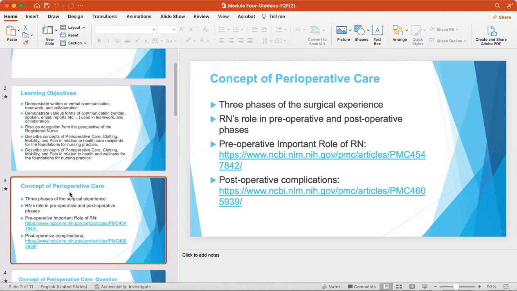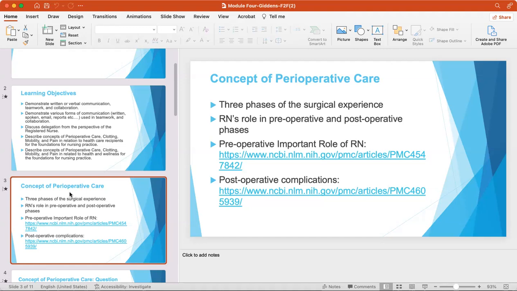Any microorganism that enters the open wound will result in an infection. So we have to be as sterile as possible in the operating room. Anything below the OR bed is considered non-sterile. So that's important to keep in mind.